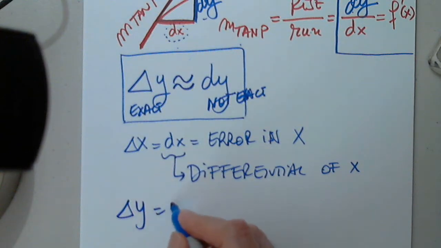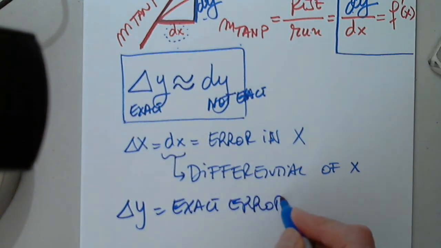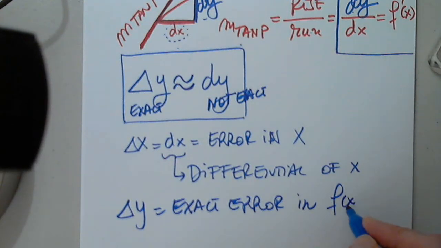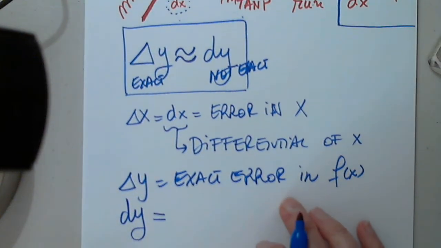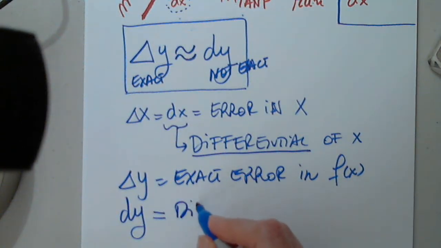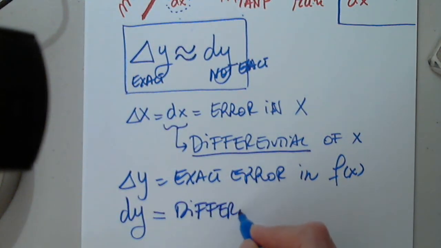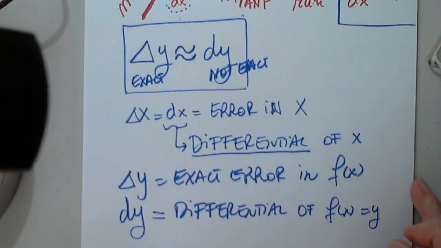Delta y, we know, is the exact error in the function. dy is, of course, the differential of y, or f of x, or y.